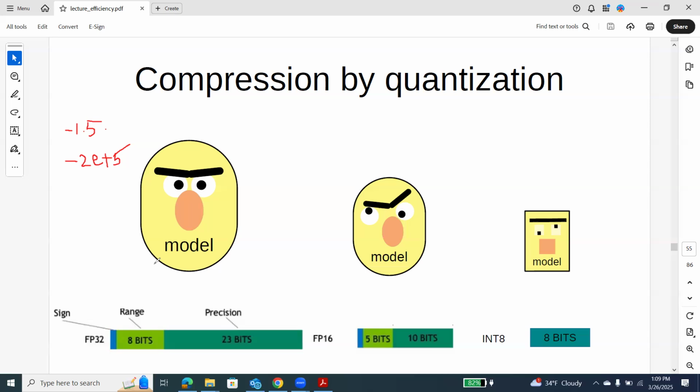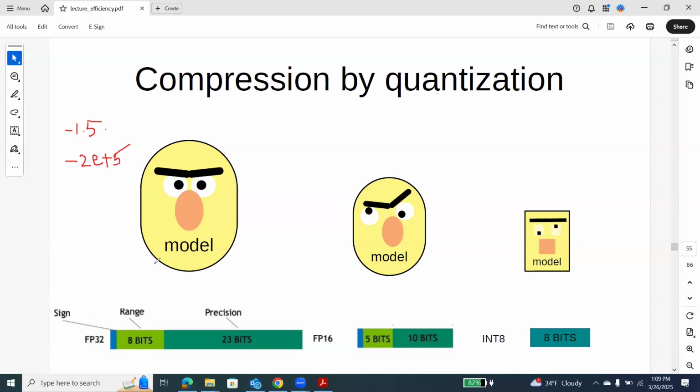The TPUs use bfloat16. The difference is that in float 16, we use 5 bits for the exponent.